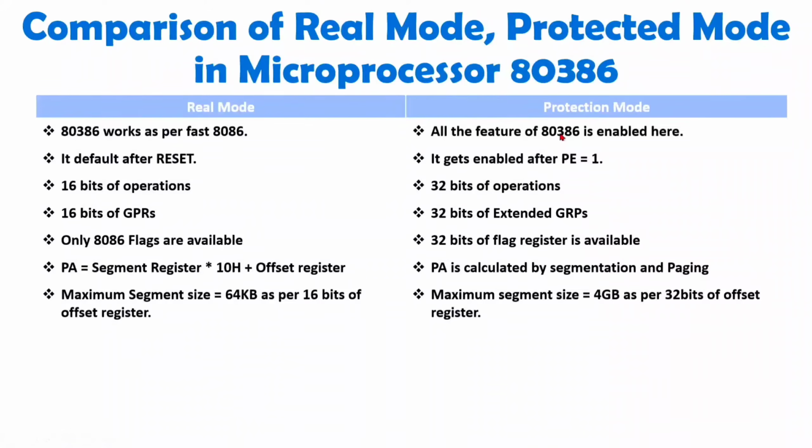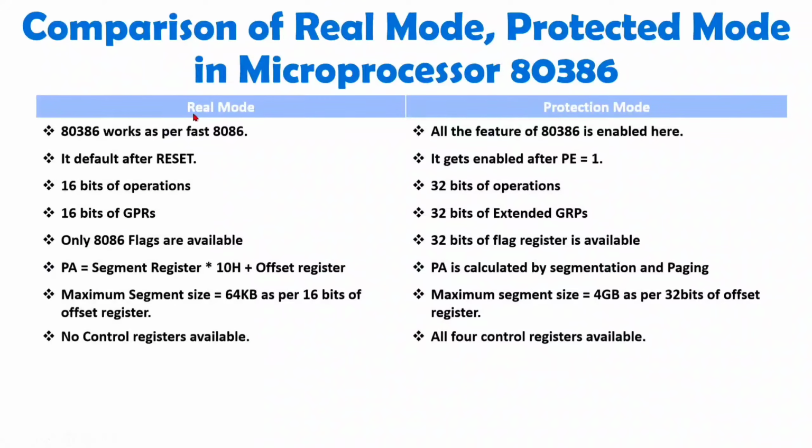So as in protection mode all the features are available, now you will have an offset register that has a size of 32 bits, and as per 2 to the power 32 you will have 4 GB as the maximum size of a segment, while with 8086 real mode, you can say the maximum size of a segment will be 64 KB only. Why? The reason is 16 bits of offset is there. 2 to the power 16 means 64 KB, right?